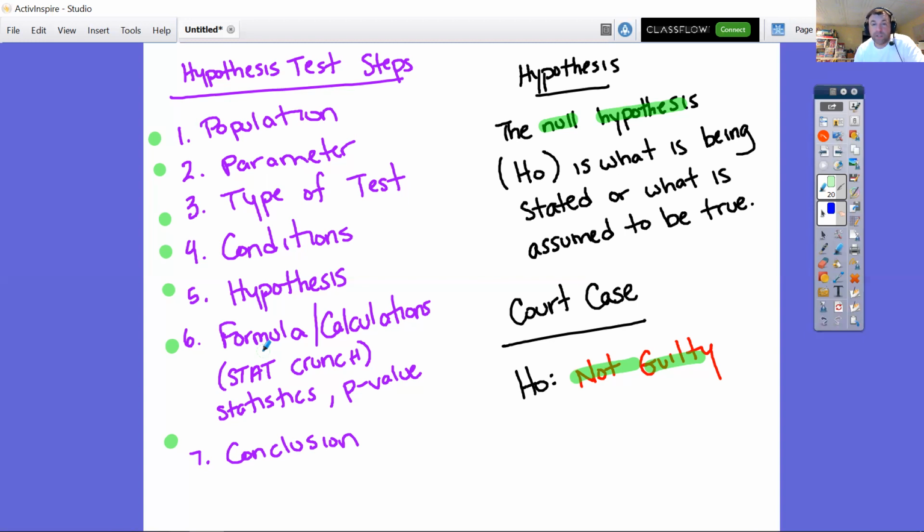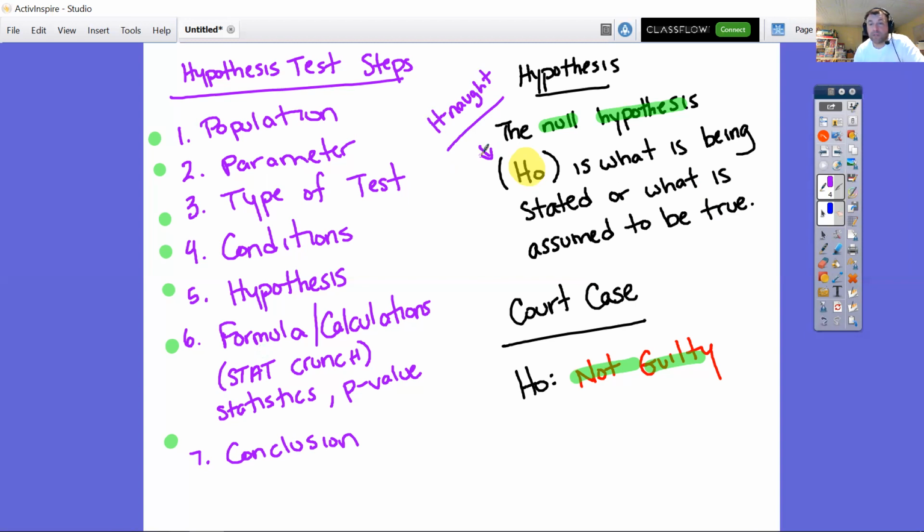Okay, so you can see here the null hypothesis. The symbol for the null hypothesis looks like H sub O. It's actually read H naught, N-A-U-G-H-T. If you just write H sub 0, that's fine. You don't have to know it's called H naught, but that's how you pronounce it. And this is what's being stated, or what's assumed to be true.